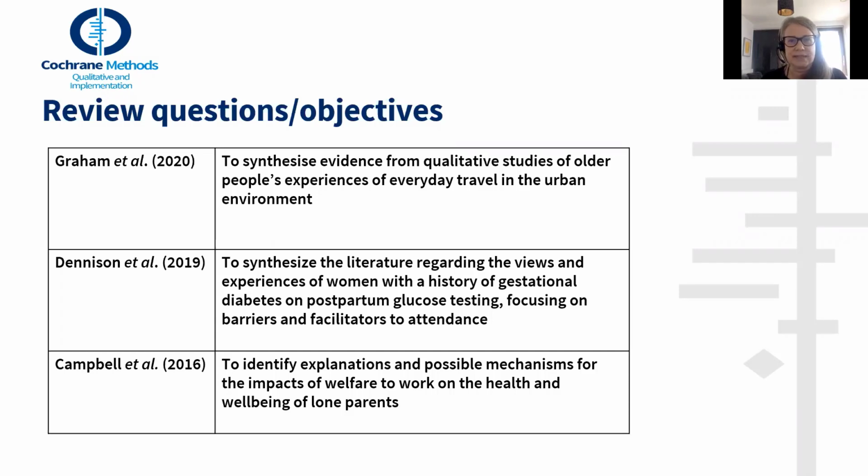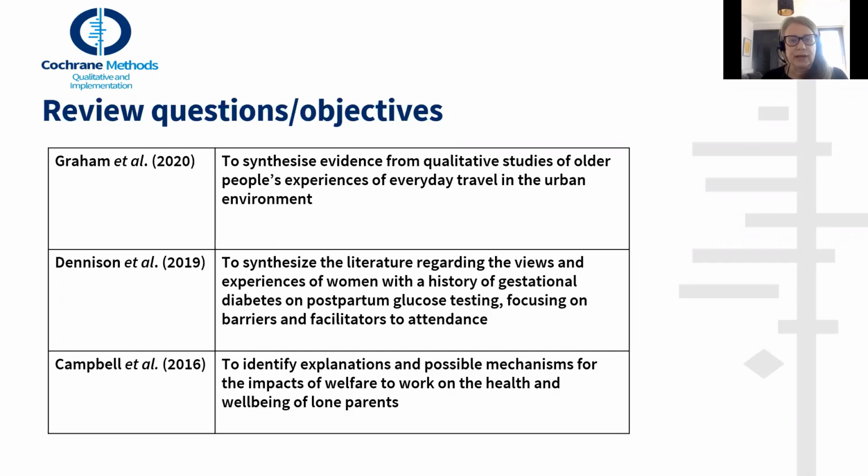The second review, Dennison et al., is looking specifically at the views and experiences of women on a postpartum glucose testing. So their experience of a particular test within pregnancy, and they're specifically wanting to look at barriers and facilitators to attending for that routine test.